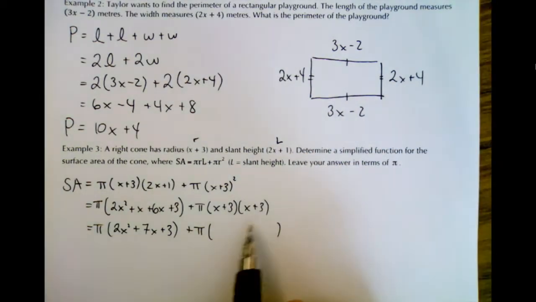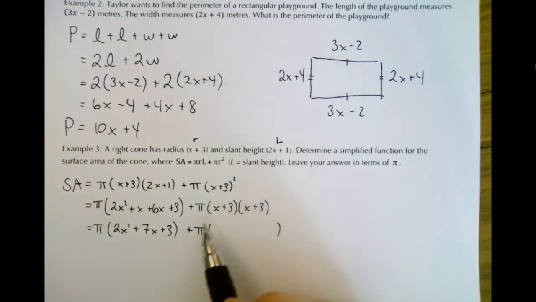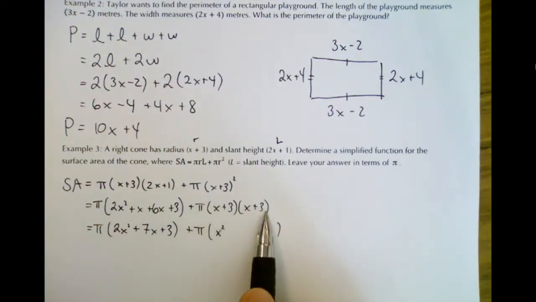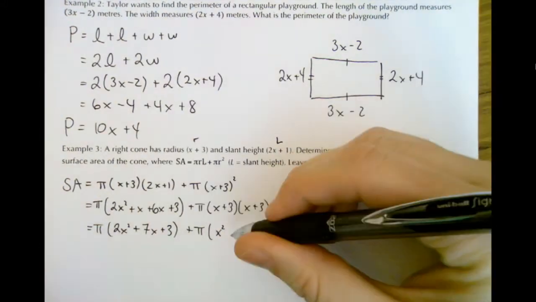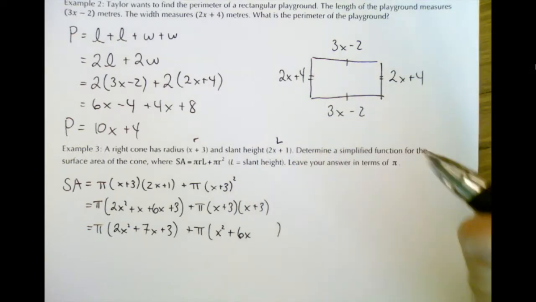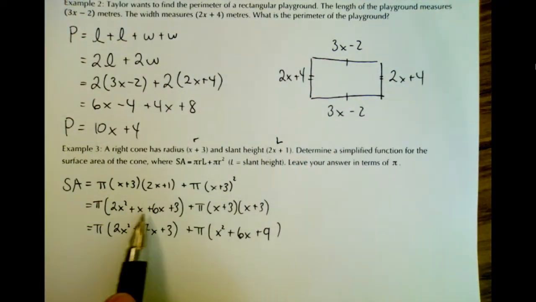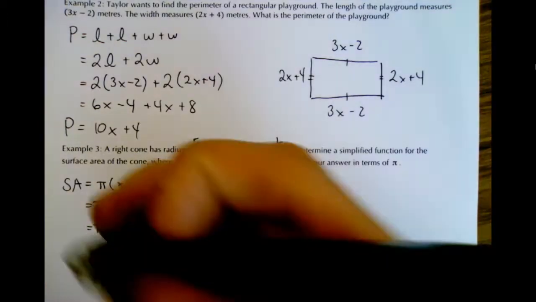And if you can save yourself this step, it's kind of valuable. X times x is x squared. X times 3 is 3x. 3 times x is 3x. So we got two 3x terms. If we put those together, we got 6x. 3 times 3 is 9. All I've done here is I've saved the collecting like terms step. And now we're at the same point in both expressions.